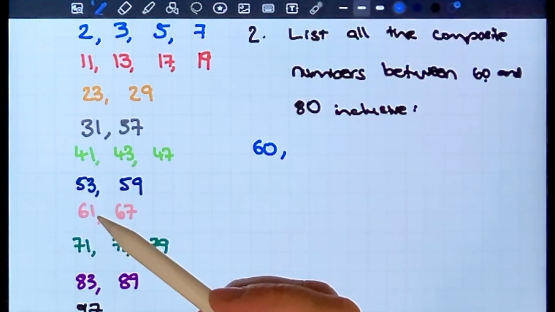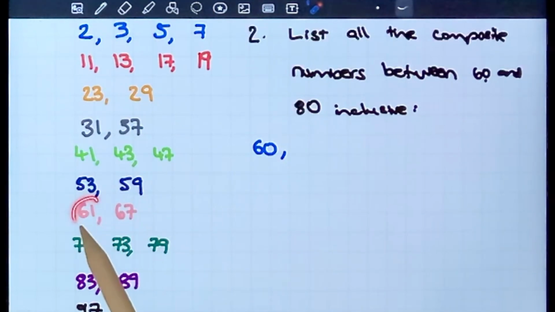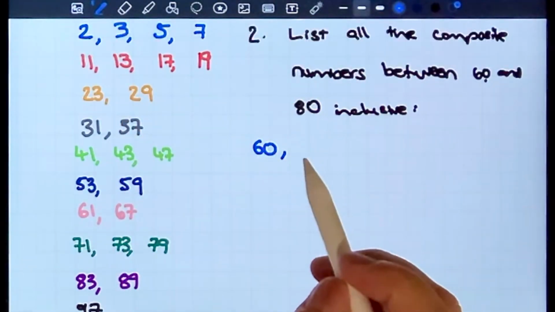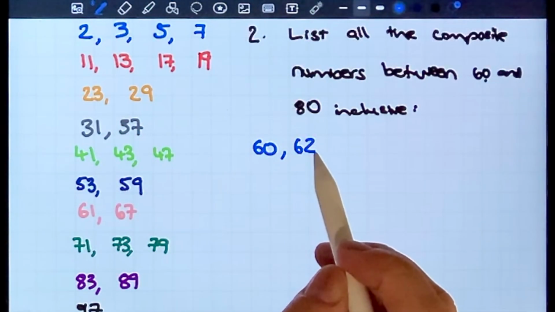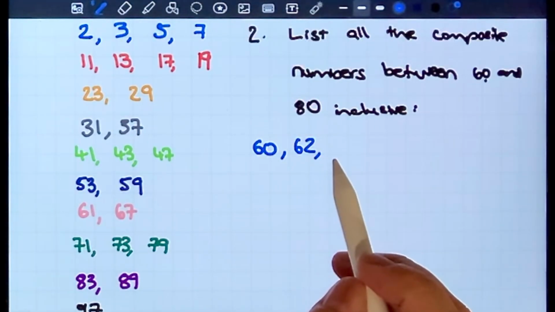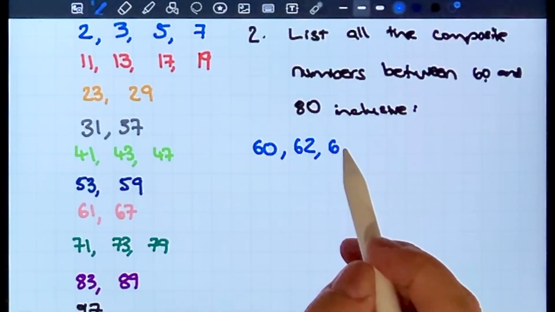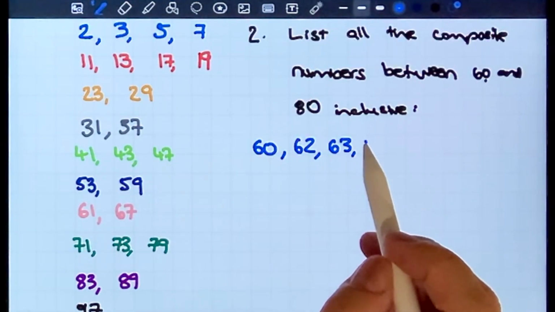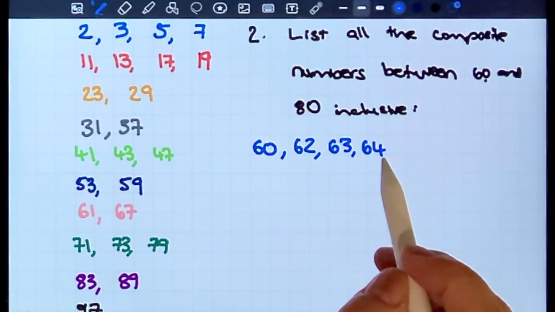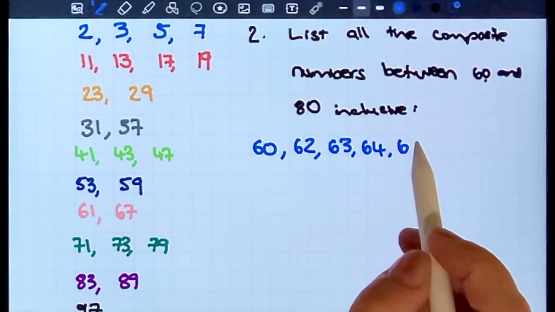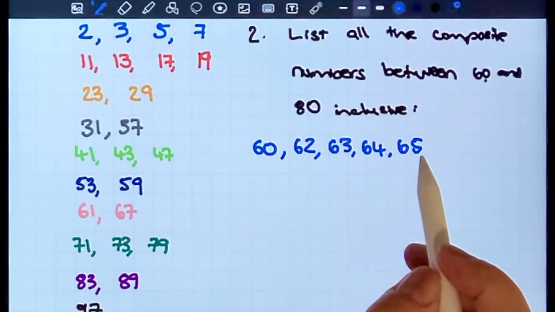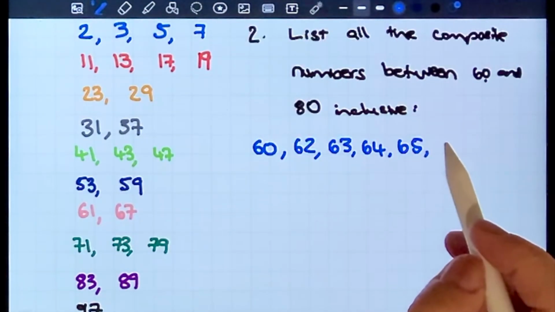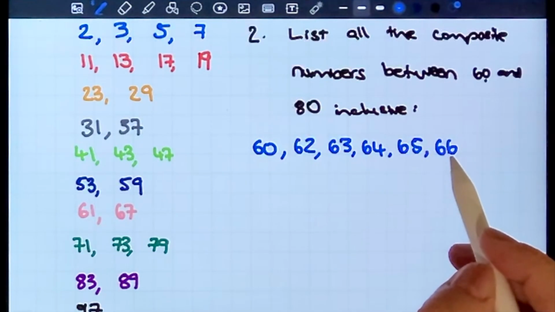61 is a prime number, so I'm not going to list it. 62 is an even number, so it'll be composite. 63 is also divisible by 3, so it'll be composite. 64 is an even number, so it's composite. 65 is a number that ends in 5, which means it's divisible by 5, so it's composite. 66 is an even number, so it's composite.